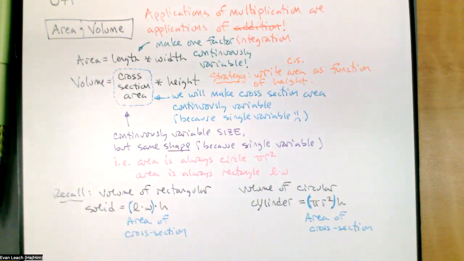So here are two volumes that we already know about that fit this description. Volume is cross-section area multiplied by the height. We're just taking an area and projecting it through another dimension.